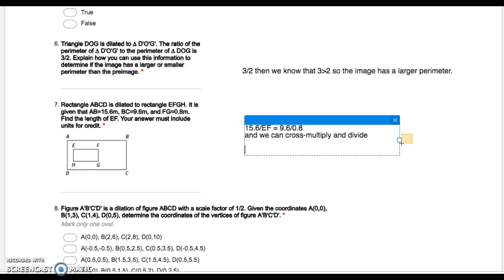So we will take 9.6 EF, because 9.6 times EF will be 9.6 EF. And we're going to times 15.6 by 0.8.